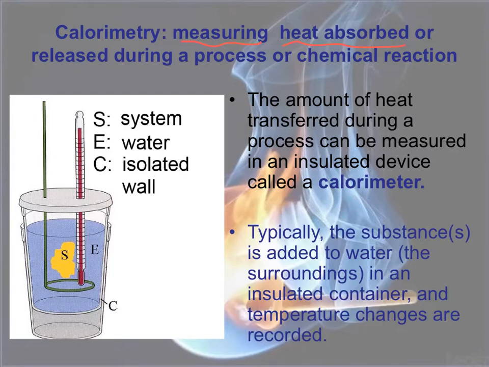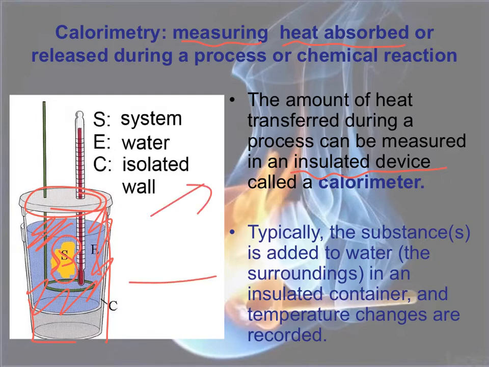And this is an overly simplistic picture of a calorimeter, but basically a calorimeter is an insulated piece of equipment, hopefully not allowing any heat transferred between a system, which is here represented by S, and its surroundings, which in this case would be water, anything else it could possibly transfer heat with. So the idea is the calorimeter itself is insulated so that no heat escapes into the Wild West out in the atmosphere.